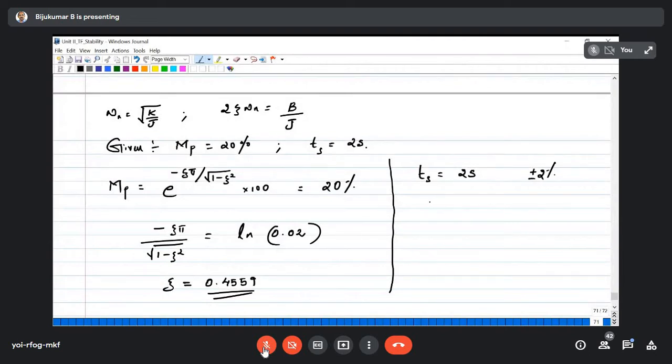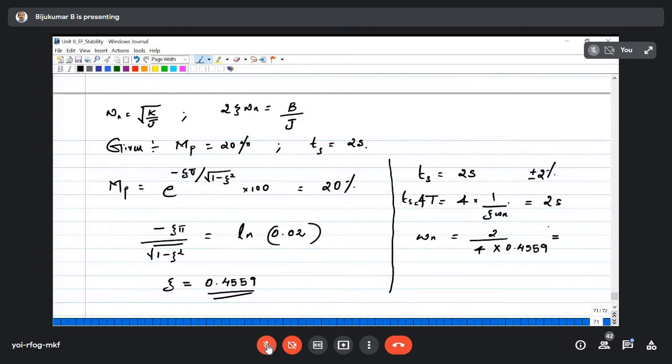For plus or minus 2%, what is the time constant? It is Ts is equal to 4 times T, where T is 1 by zeta omega n. This is given as 2 seconds. So you find omega n is equal to 4 divided by 2 multiplied by zeta, which is 0.455.